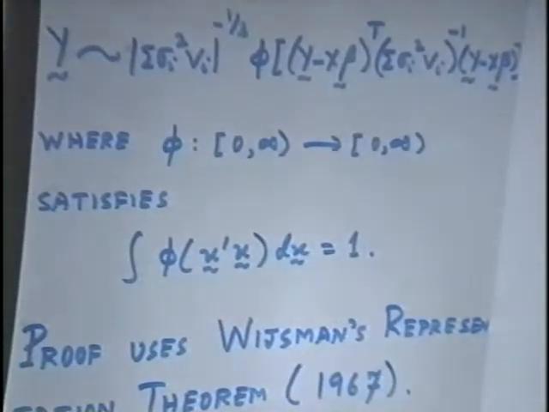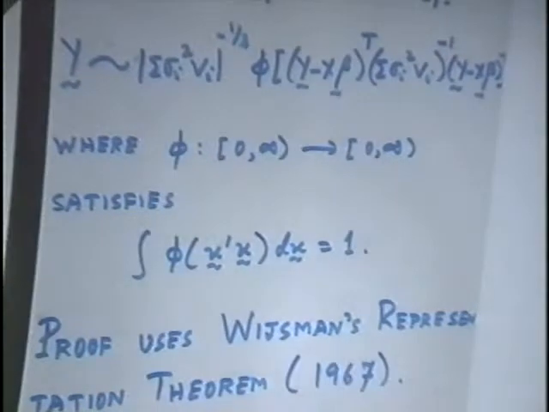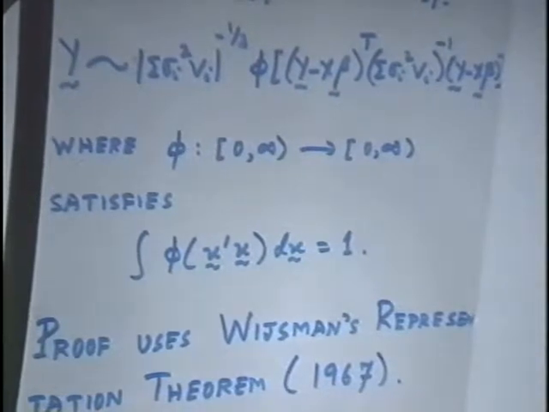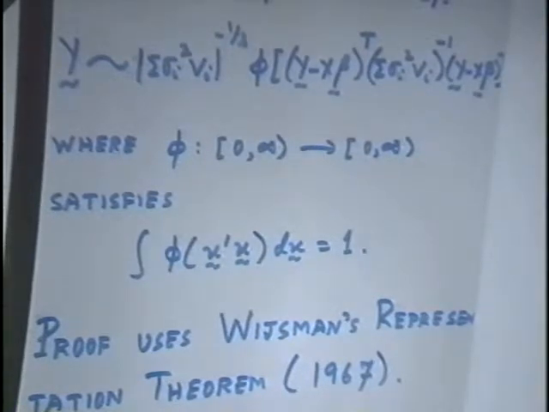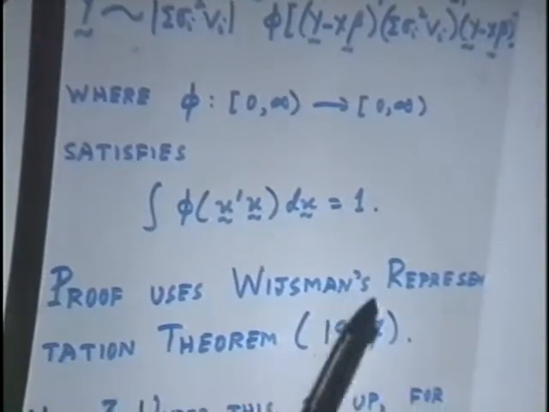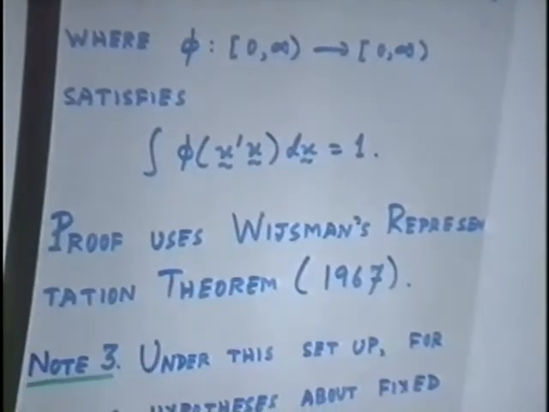Under this setup, if we assume that the design is balanced, then we get the optimality of the ANOVA F-test, which is nice because we have been using the F-test for a long time, so it's satisfying to know that the F-test enjoys the optimality property. And the proof here uses Wijsman's representation theorem.